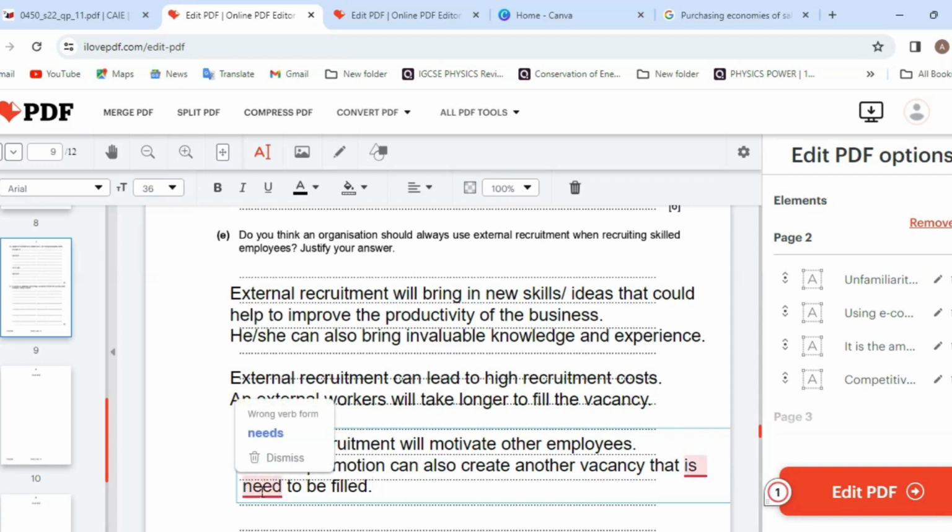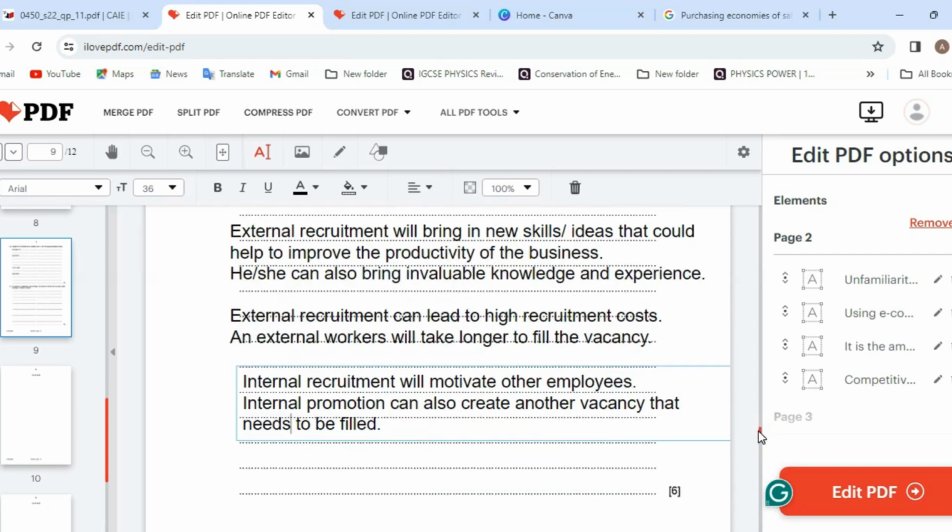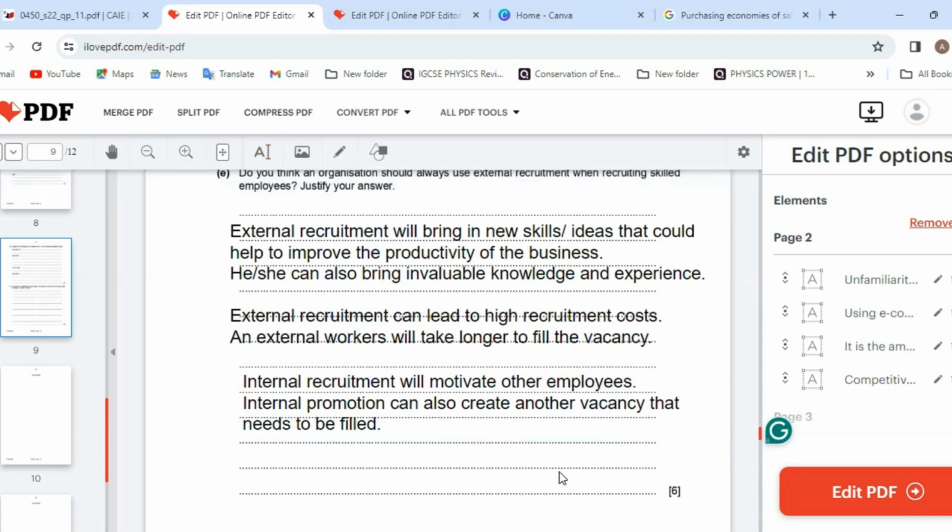Now we move to our justification. Based on this, do you think the organization should always use external recruitment? Could they actually use external recruitment or internal recruitment?